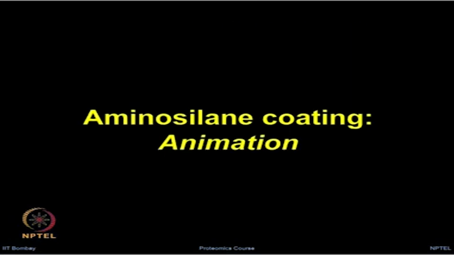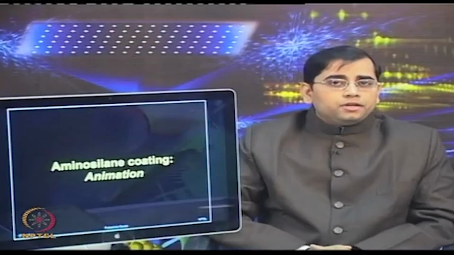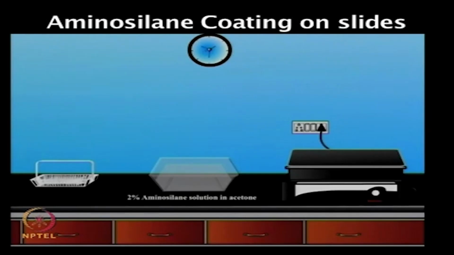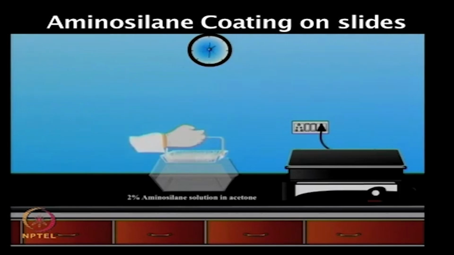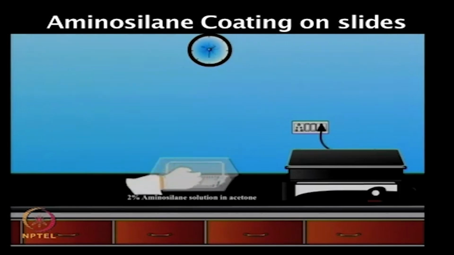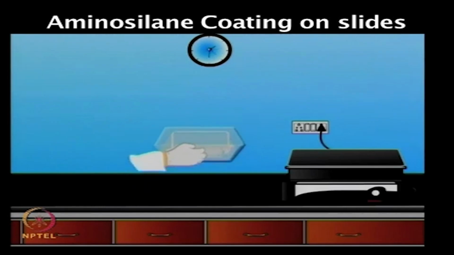So, let me show you this animation, how to do the aminosilane coating. Prepare 300 ml of aminosilane coating solution, which is 2% of aminosilane reagent in acetone. Place the slides in the metal rack.